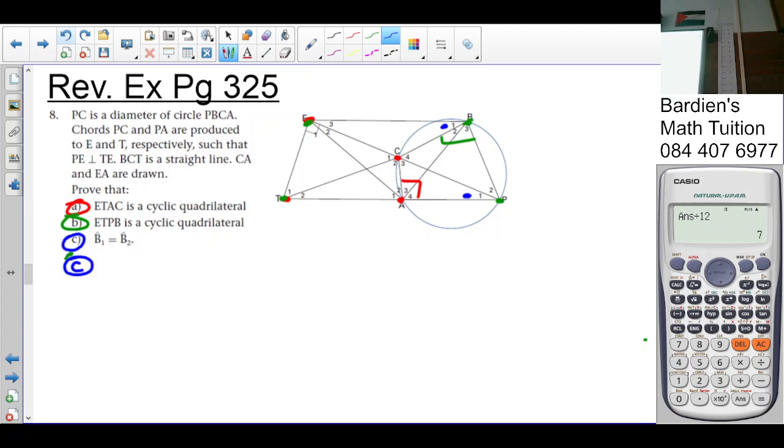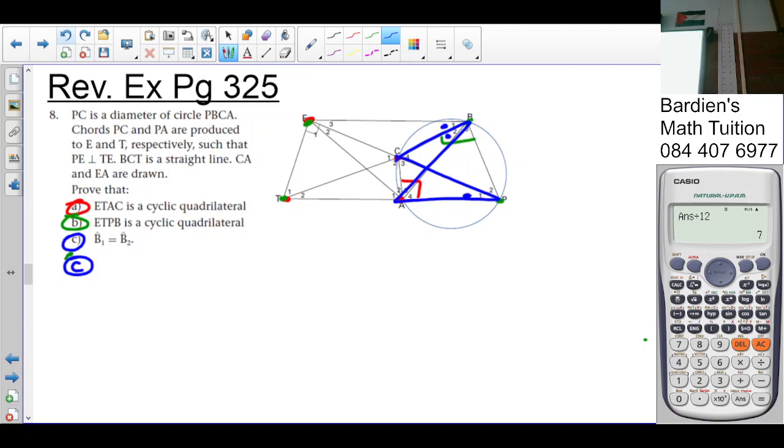Angles in the same segment. Can you see that, people? Remember, that's a cyclic quad. Now, P1 is equal to angle B2. Why? Angles in the same segment. And therefore B1 is equal to B2.